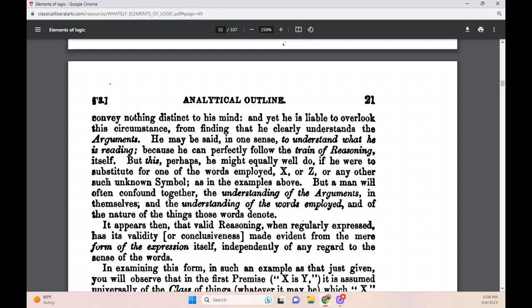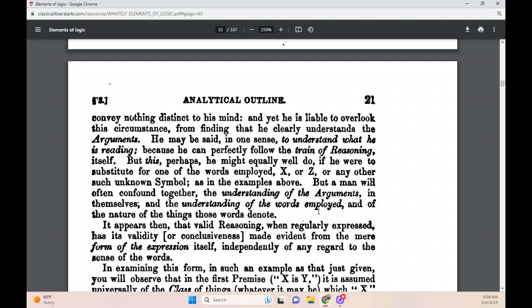But a man will often confound together the understanding of the arguments in themselves and the understanding of the words employed, and of the nature of things those words denote. So there's a difference between understanding what the words mean in an argument and understanding the argument itself.